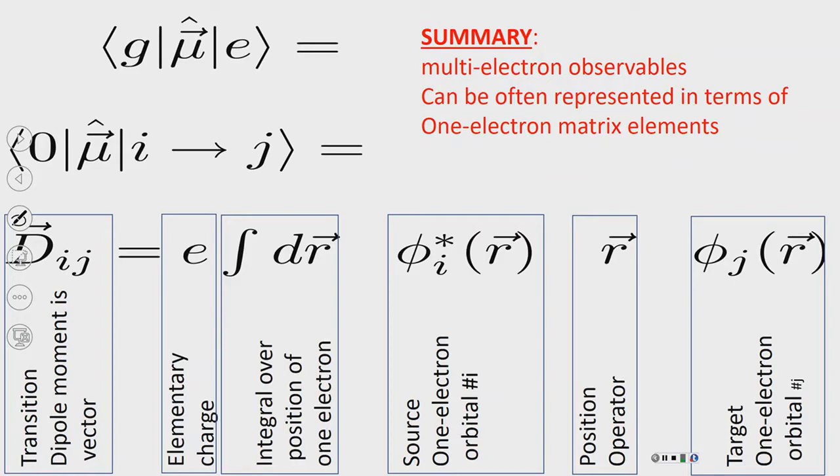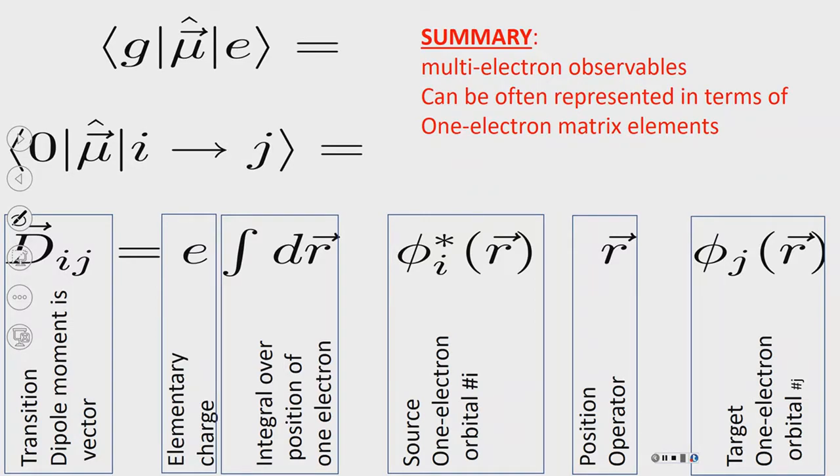So, a many-electron system experiences an interaction with light. The elementary process is when light promotes one electron from an occupied to an unoccupied orbital, and all other orbitals stay unchanged. Therefore, they do not contribute to this quantity, which is called the transition dipole matrix element.